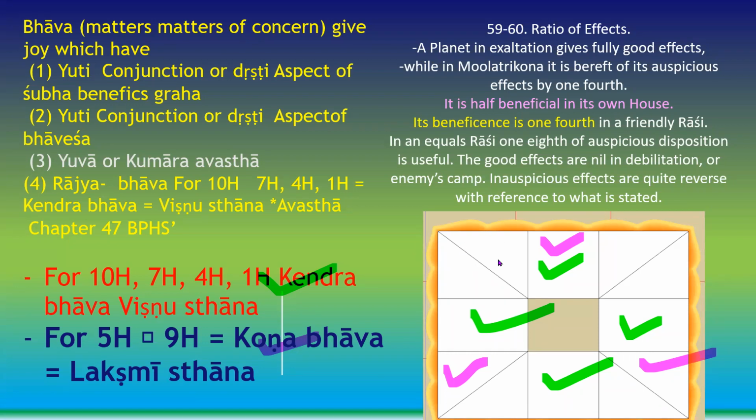Then the other good tick will be, let's say, for Aries rising, you have Jupiter in the second house. That's beautiful because Jupiter rules the ninth house, the Kona, which is the Lakshmi Sthana. So Vishnu and Lakshmi is absolutely beautiful. Let's say you have Jupiter in the second house, along with Saturn, the Lord of the 10th house. That's superb.